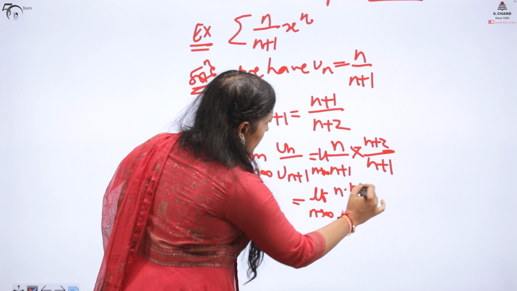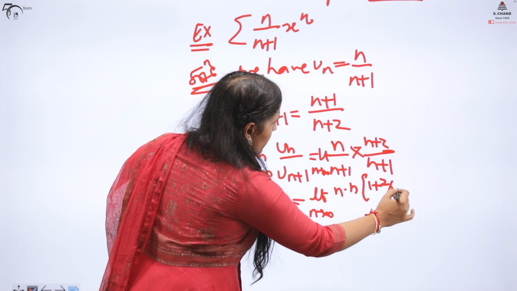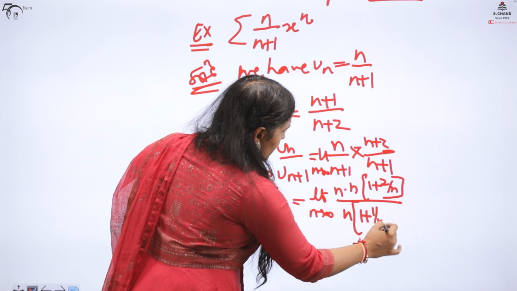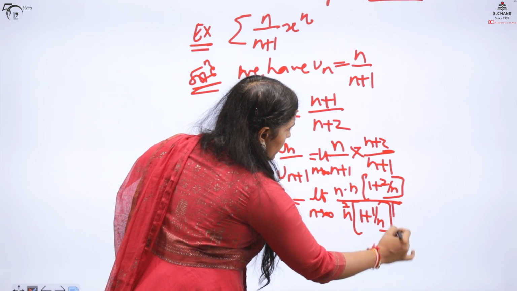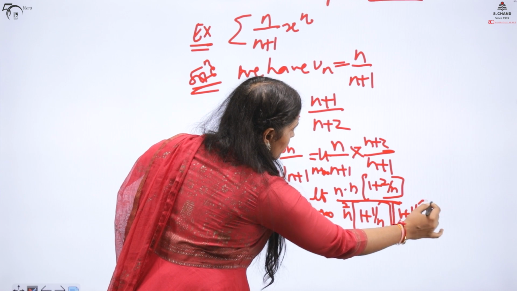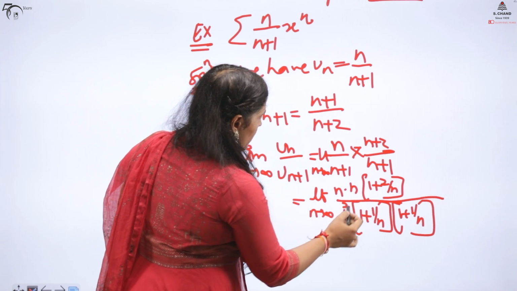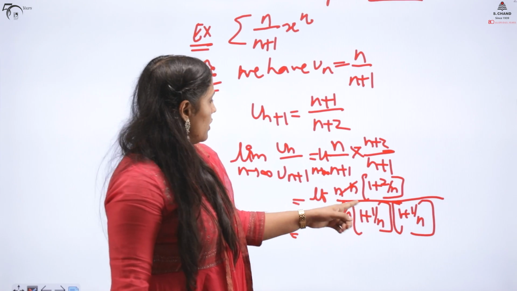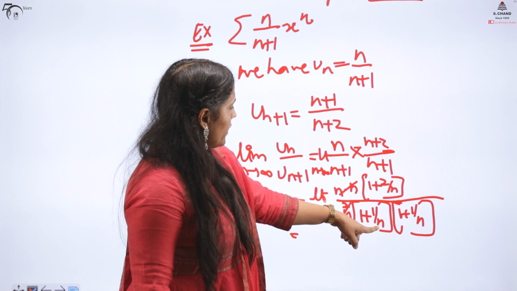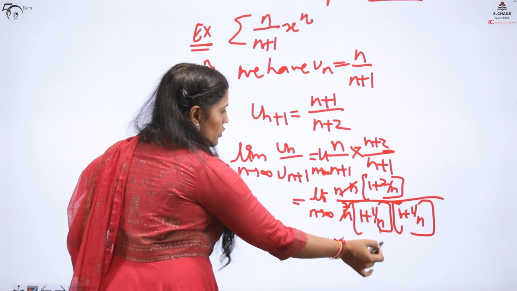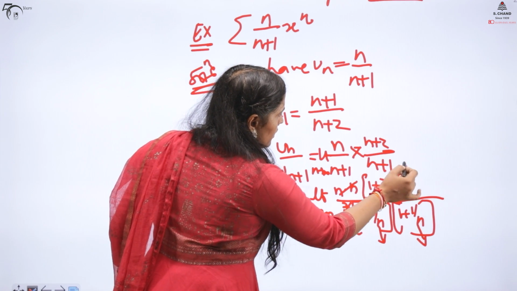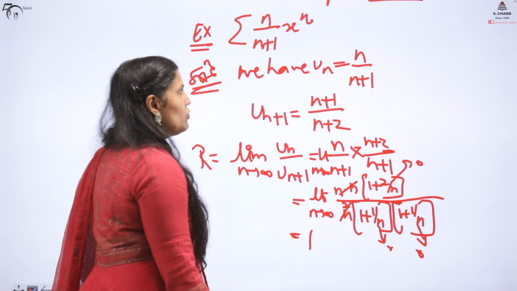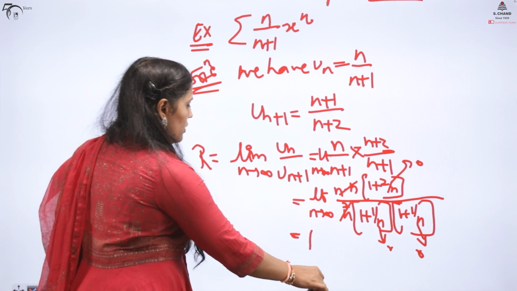So n 1 plus 2 by n, then n 1 plus 1 by n square I will write, and 1 plus 1 by n. So cancel it. Now you just see again when you tend n to infinity, this will be 0, this will be 0, this will be 0. So ultimately 1. It means radius of convergence in this case is 1.